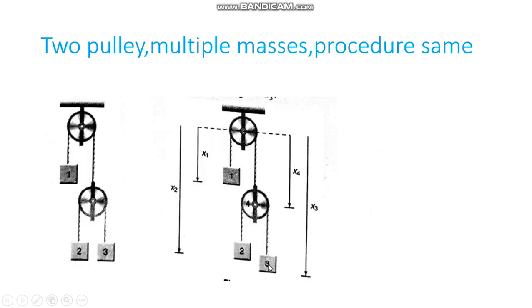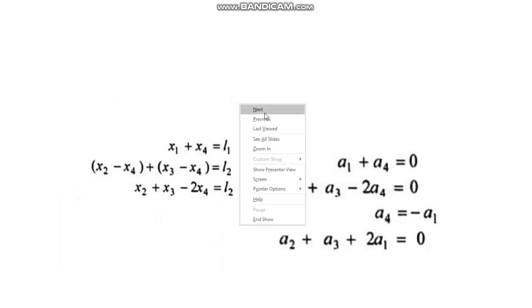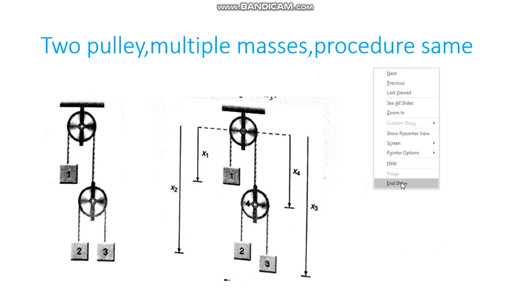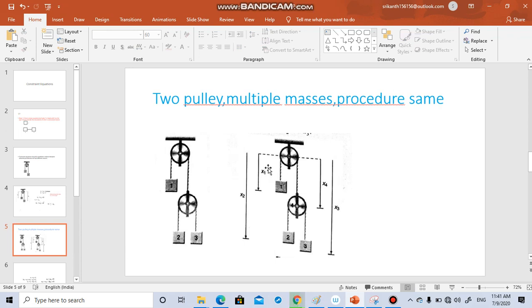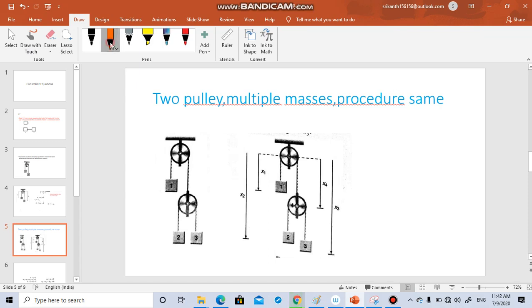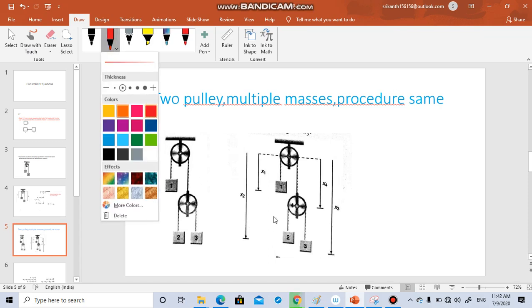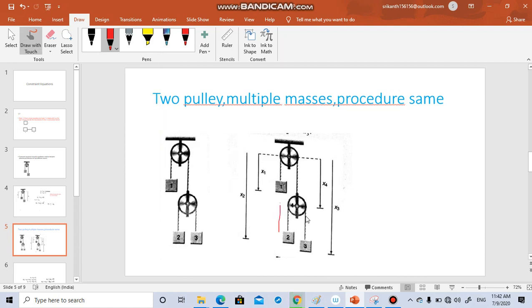What is L2? L2 will be the dimension of this curved portion, this portion. So if I want to get this portion, we have to basically find this length and this length, right?